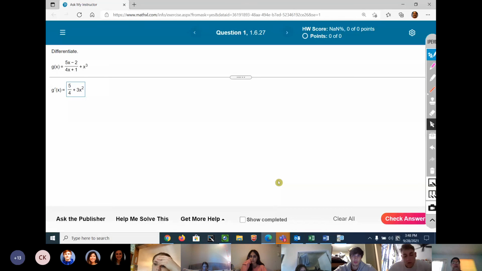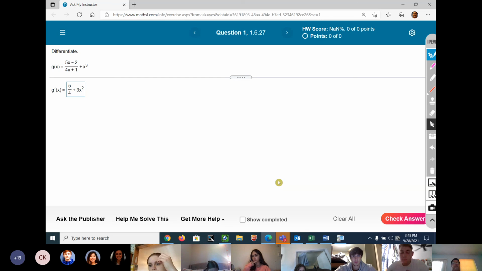Okay, differentiate. This doesn't have radicals in it, so this one is probably going to be decent. g of x is equal to (5x minus 2) over (4x plus 1). I'm going to put that in green brackets because we're going to do the quotient rule there.